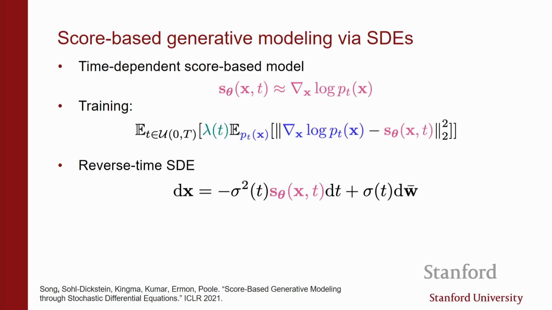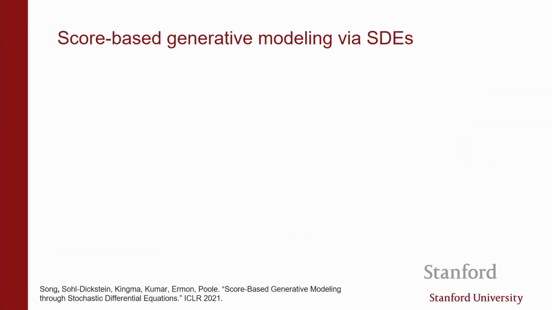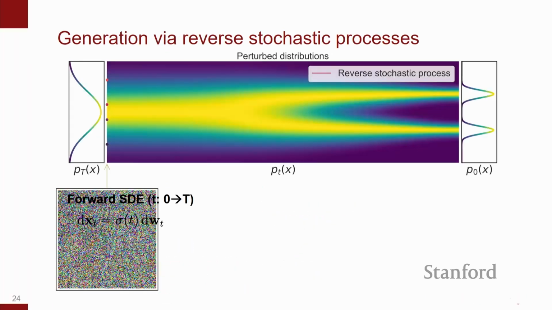And then what we can do is to sample, instead of using the decoders and going through 1,000 steps of the decoders, we can actually just try to solve numerically the reverse time stochastic differential equation, where we plug in our estimate of the score for the true score function. So here we had the exact stochastic differential equation. Okay, sorry, this doesn't show right, but let's see whether, yeah.